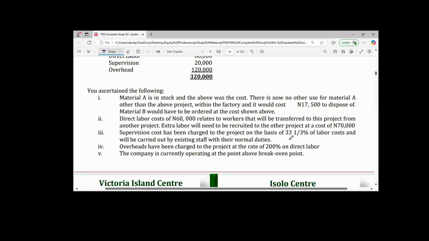3. Supervision cost has been charged to the project on the basis of 33.33% of labor costs and will be carried out by existing staff with their normal duty. 4. Overheads have been charged to this project at a rate of 200% on direct labor.